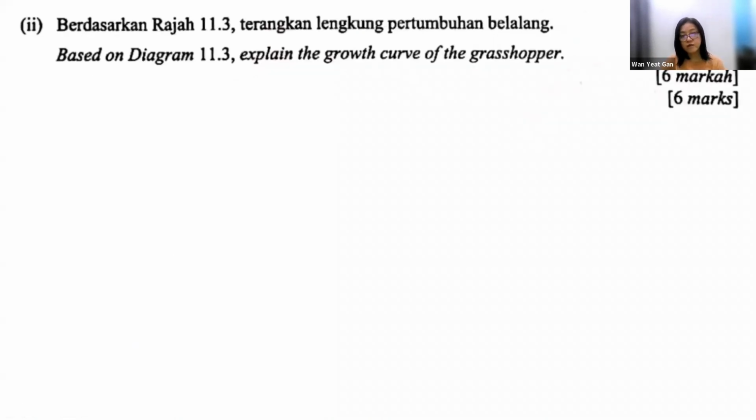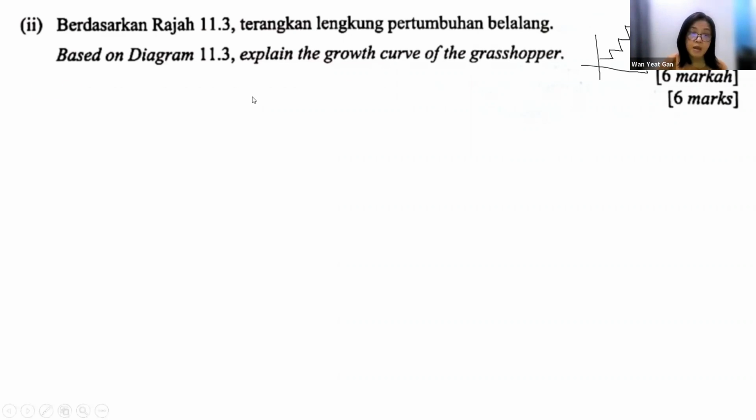Okay, explain the growth curve of the grasshopper. So now the question asks you to explain how come the growth curve of the grasshopper is like this. Why is it intermittent? Why is it in the form of a staircase? Why does the growth curve of the grasshopper have some sudden growth spurt, and then stop? Why does it stop growing?